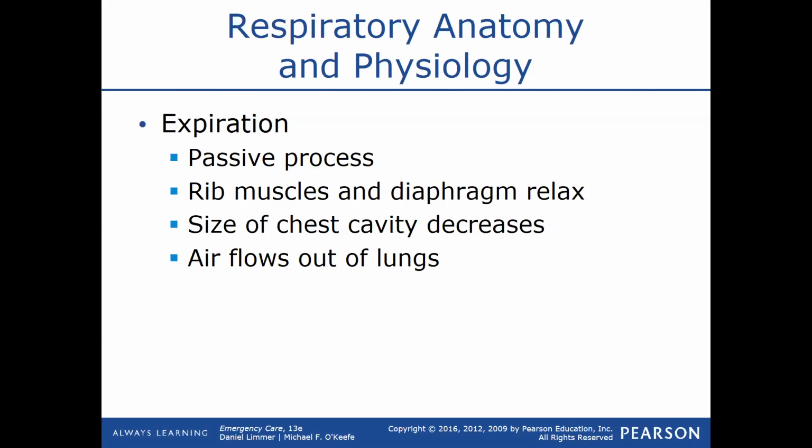So as your diaphragm and your intercostal muscles relax, the thoracic cavity is going to shrink. As it's shrinking, going more inward, that's going to create positive pressure, and that's going to push the air out from your mouth. So the size of the chest cavity decreases, air flows out of lungs, like I said.